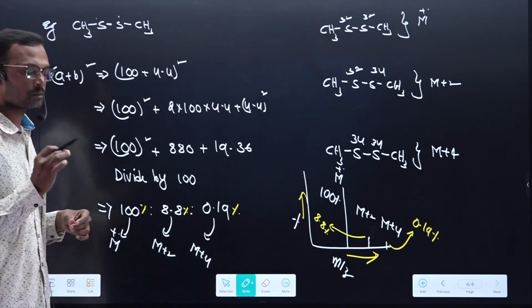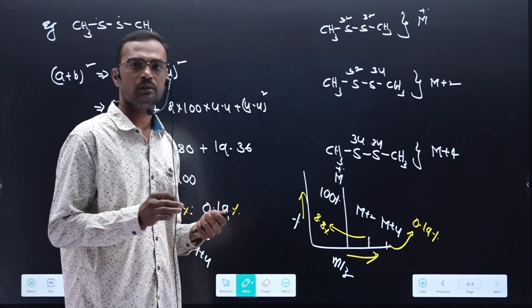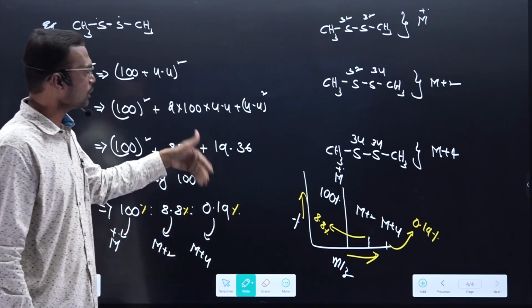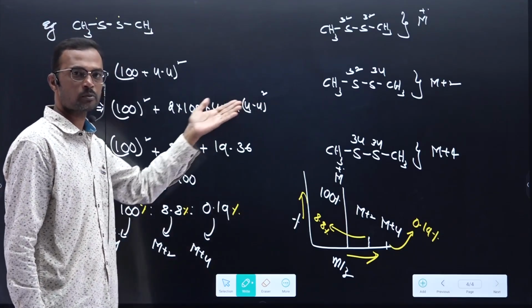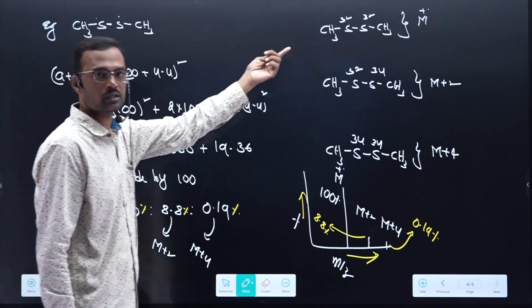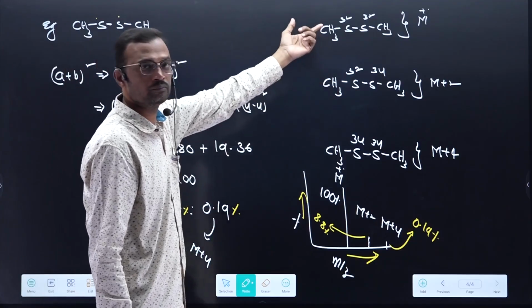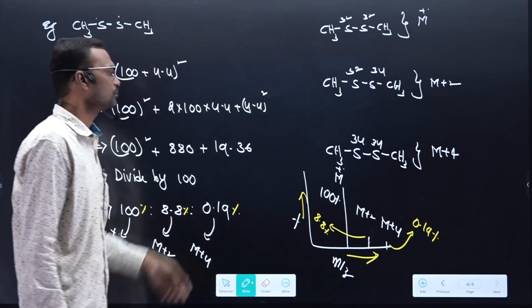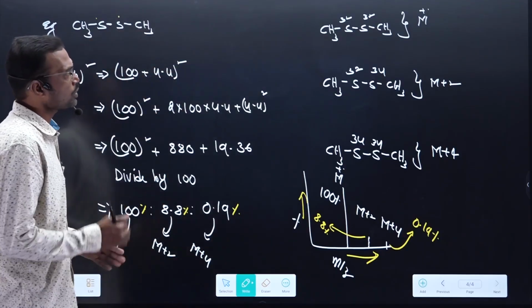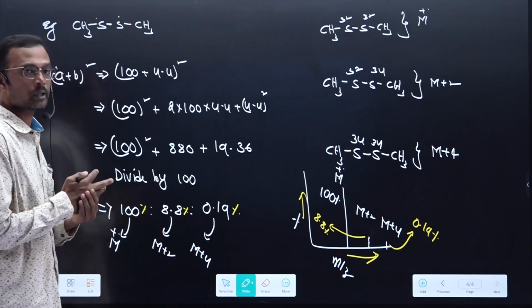In your CSIR examination and even GATE examination, maximum isotopic peak questions are coming. So that's why we are taking much more examples to calculate all possible peak intensity representations as well as different elements, abundance nature in variable elements. Okay, so I think you have some knowledge on isotopic peaks as well as isotopic ions.